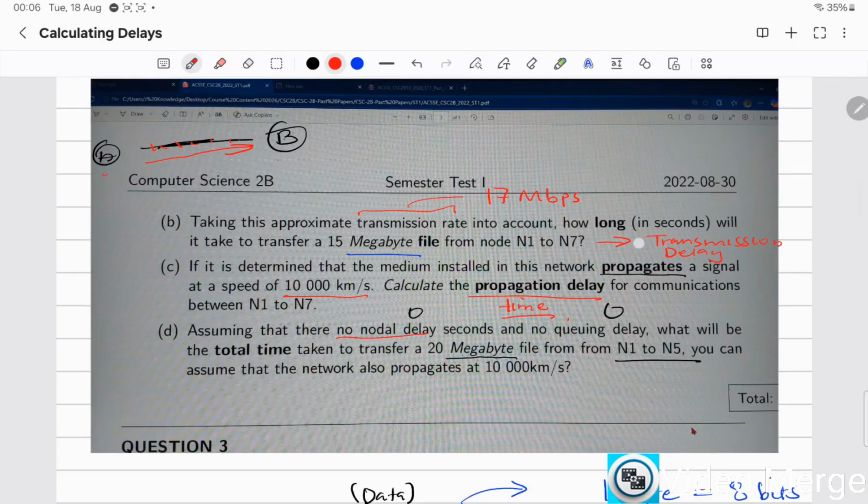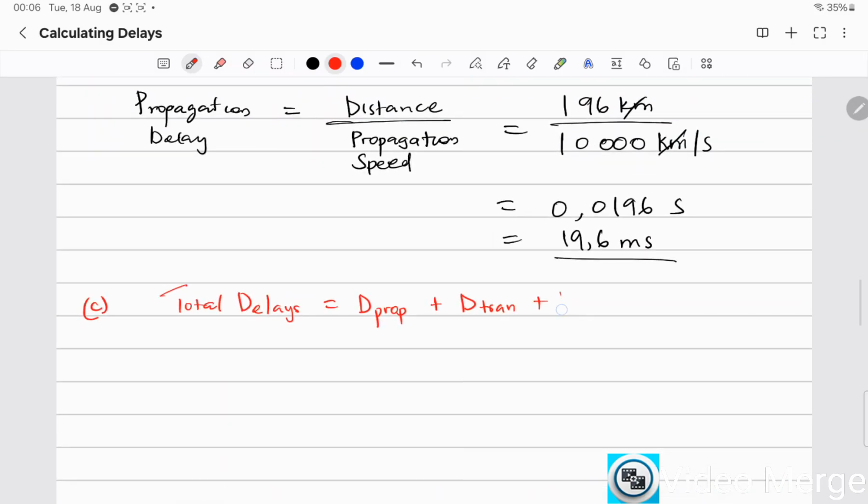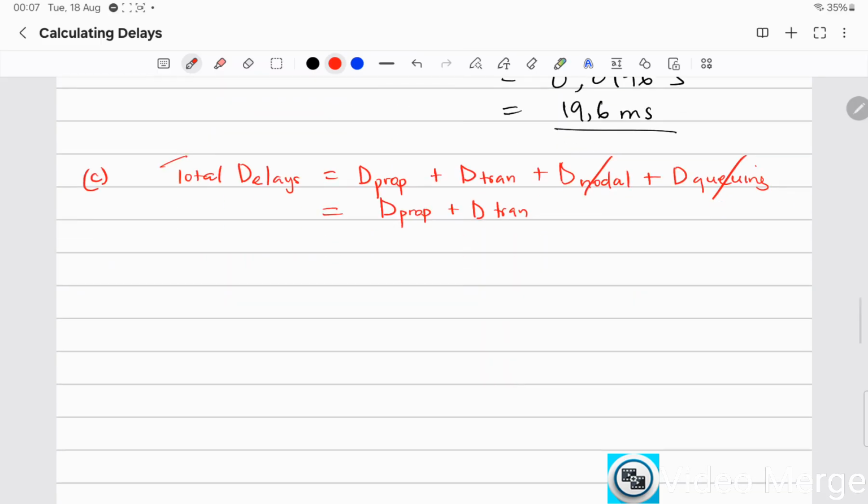Nodal delay, plus the queuing delay, and so on, right? So already we know that these are 0, so we need to determine the propagation and transmission delay. Remember, our transmission delay is usually determined by the bottleneck.